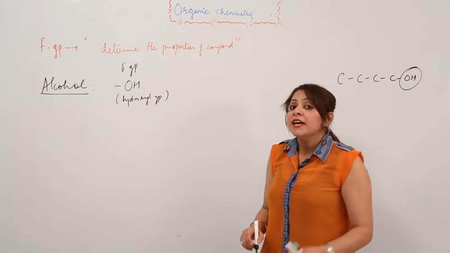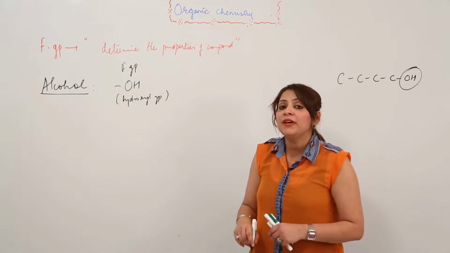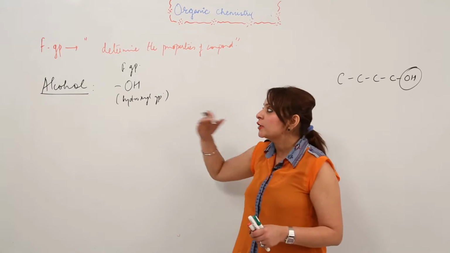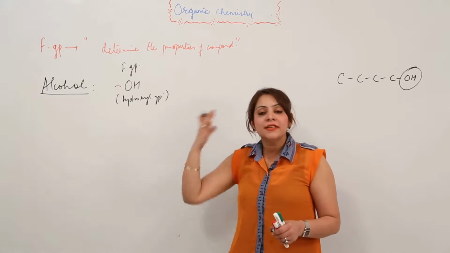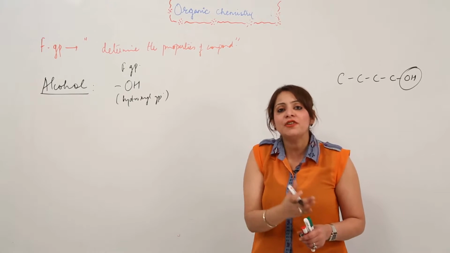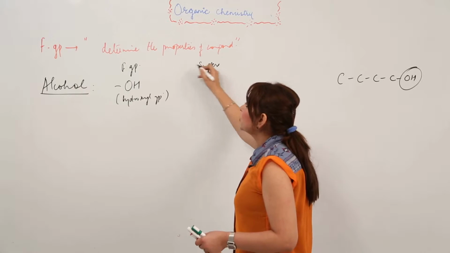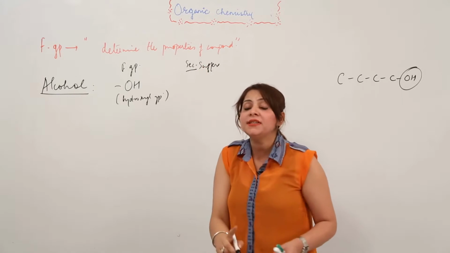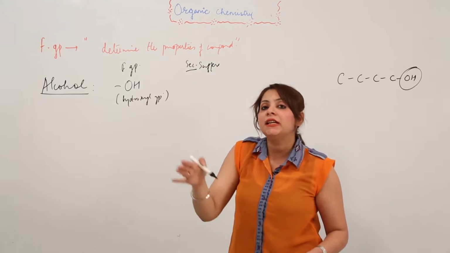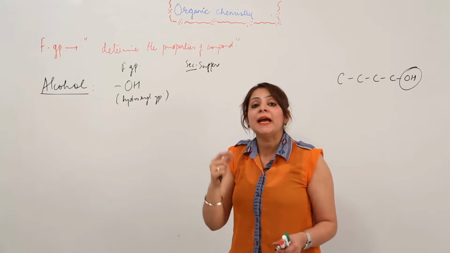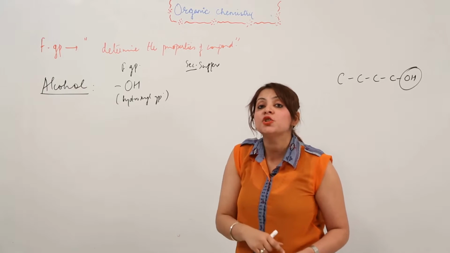So if we have a functional group, we have to have a special ending for the name, right? These functional groups serve as a secondary suffix. Primary suffix indicates the ane, that is the type of bond, but the secondary suffix indicates the type of functional group present in the chain, right?